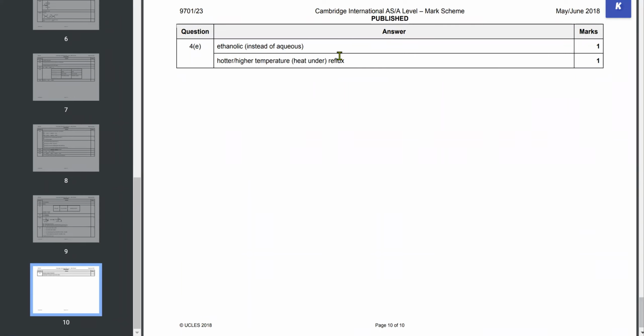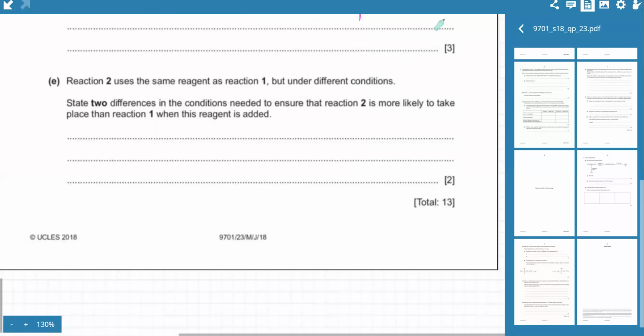So it's heat and reflux ethanol. That's the other condition that was used. You're going to use reflux. So that's the entire paper complete.